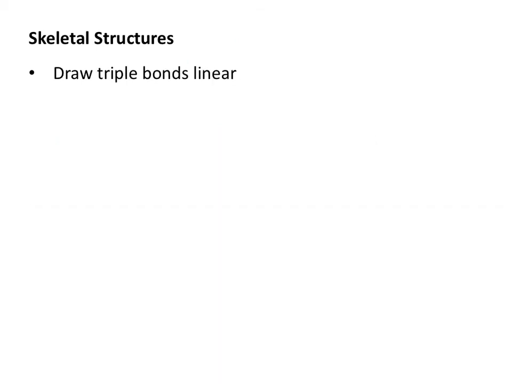If you have a triple bond, you want to draw those linear. The reason for that, let me just draw a simple molecule. That's because these carbons are sp hybridized. Sp hybridized carbons are linear. And we want to show those accurately.